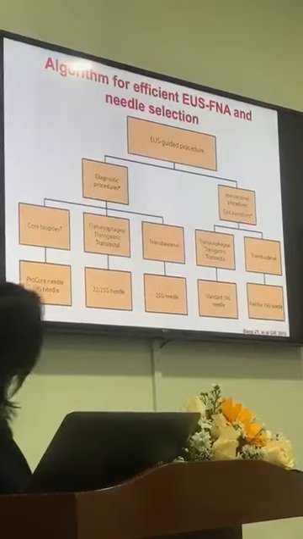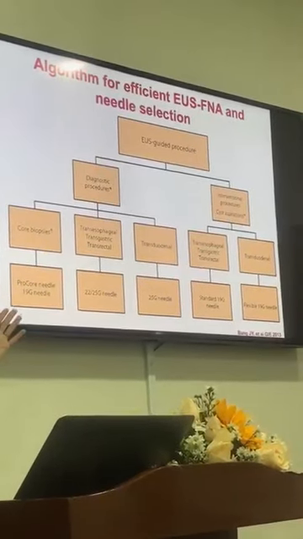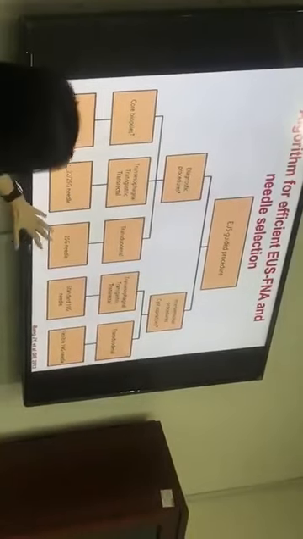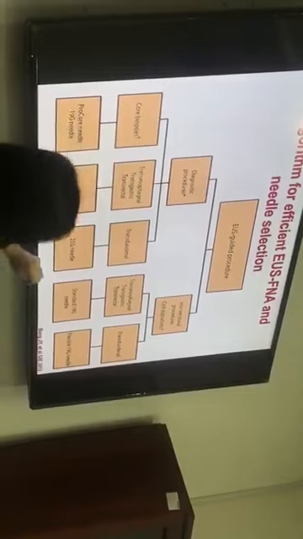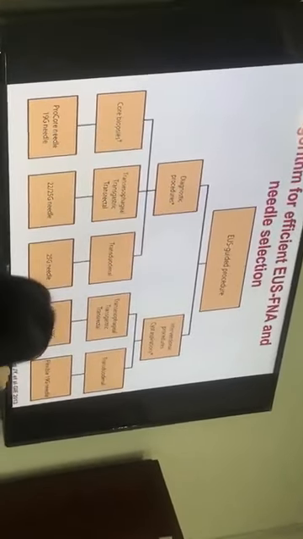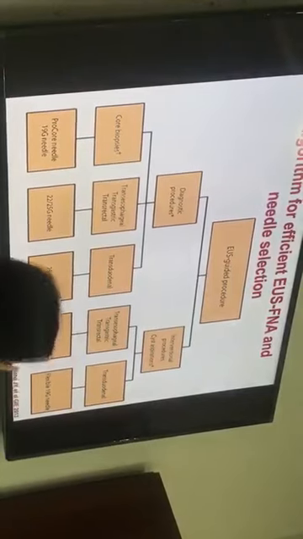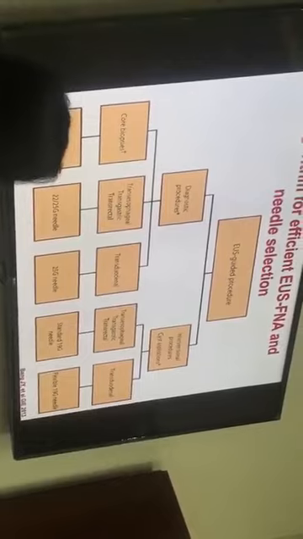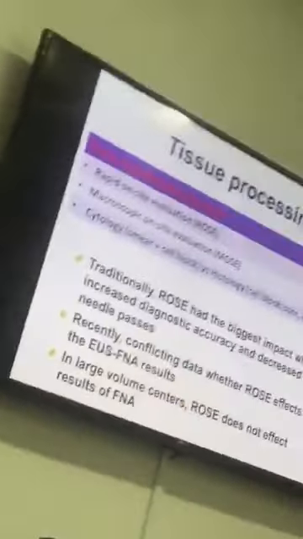Whenever you need core biopsy, for example, if you do lymphoma, or if you do subcutaneous lesion, you may want to consider using 19, and that's for diagnostic purposes. But for interventional procedure, which we won't touch on today, you would only need to do 19 gauge needle. The smaller size gauge needle won't work well for therapeutic procedures.